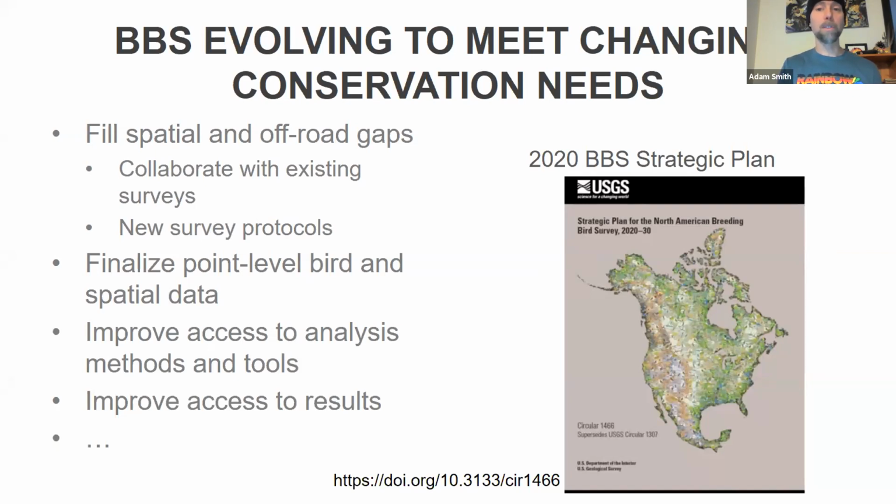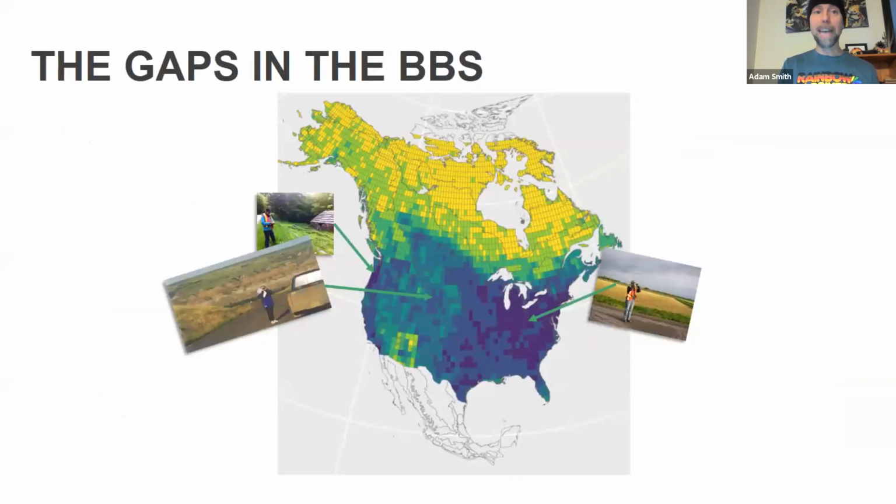It came out in the summer. There are some really neat forward-looking strategies in it that involve releasing the point level bird and spatial information for each one of those 50 stops on every route in the BBS, improving access to the analysis methods and tools and the results themselves, but also filling the gaps. The BBS is a roadside survey, and that's brilliant.